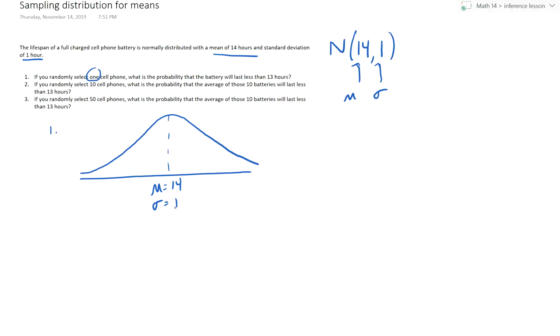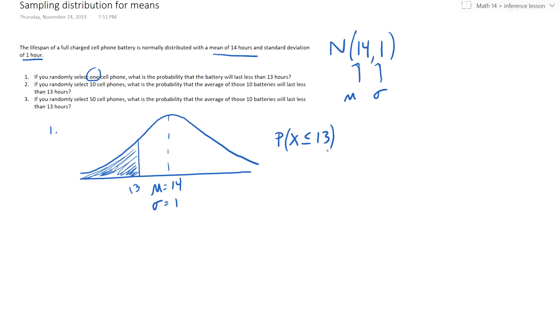So 13 hours is about right there, and the probability that it's less than 13 is that area. So how do I find the area? It's the probability that x is less than or equal to 13.